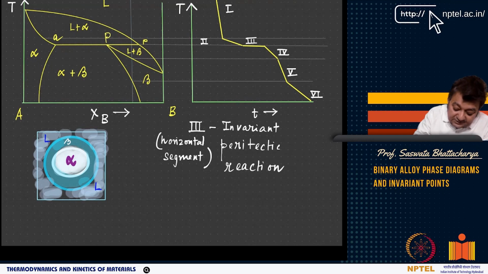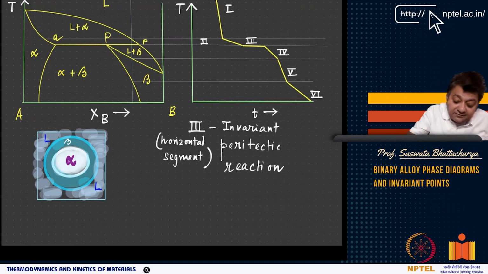So alpha forms a core, and you have this beta solid shell that is spreading. So L plus alpha goes to beta, and the beta shell continues to spread.